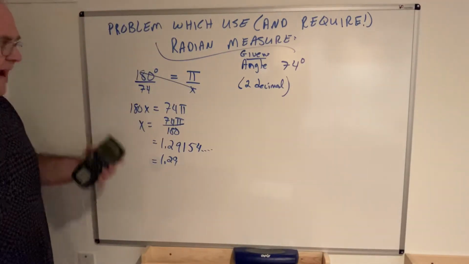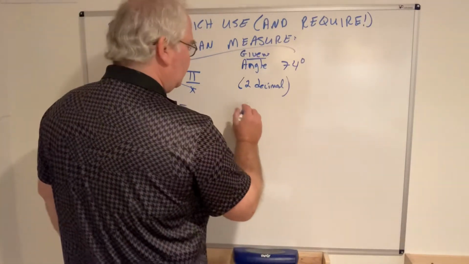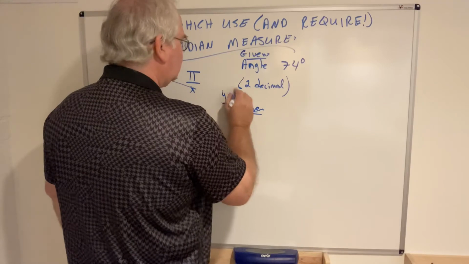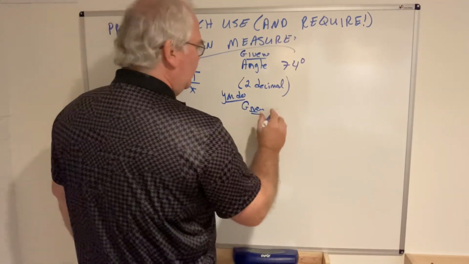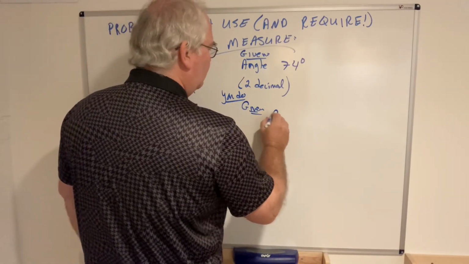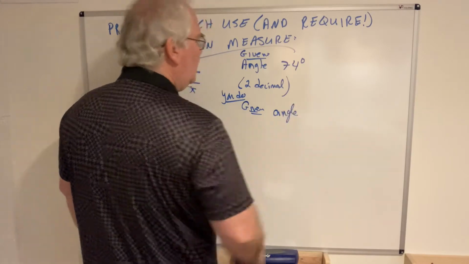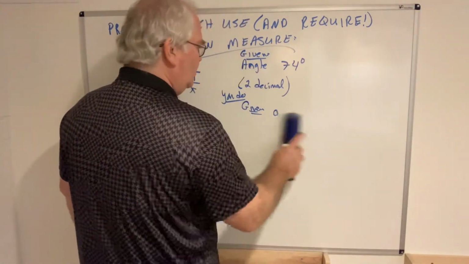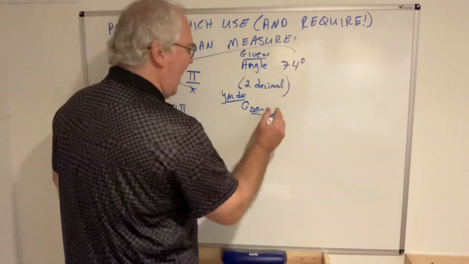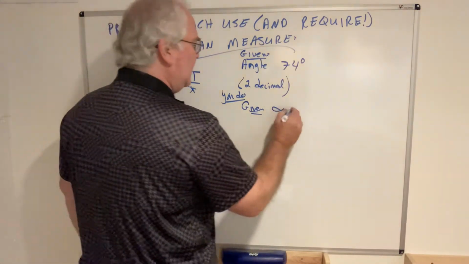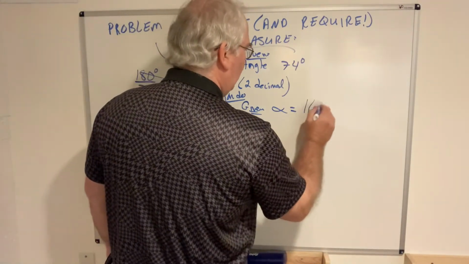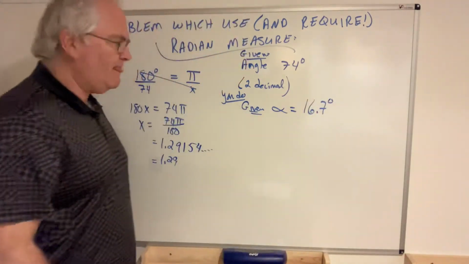If you had any other angle, let's try this. Given an angle, let's use a new symbol here, the Greek letter alpha. Suppose alpha is measured at 16.7 degrees.